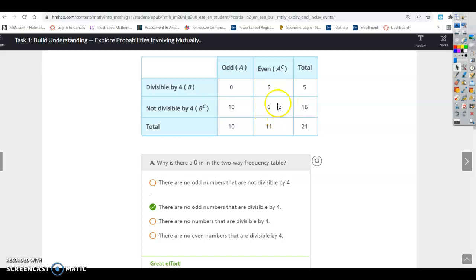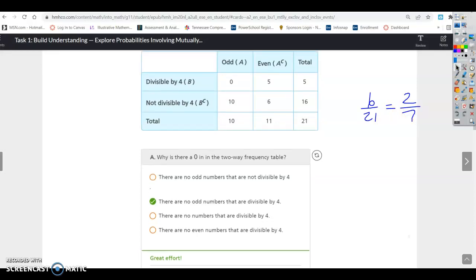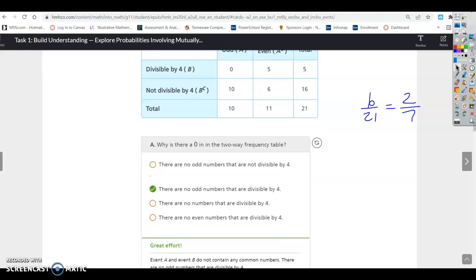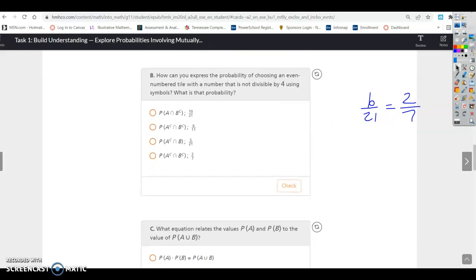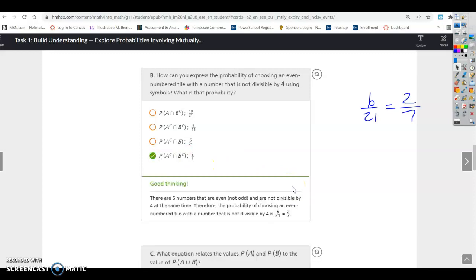So that is this event here. It's going to be 6 out of 21. 6 and 21 are both divisible by 3. So 6 over 21, 3 goes into 6 twice, and 3 goes into 21 7 times. So 2 out of 7 is that probability. That is A complement and B complement. And again, 2/7 is that probability.